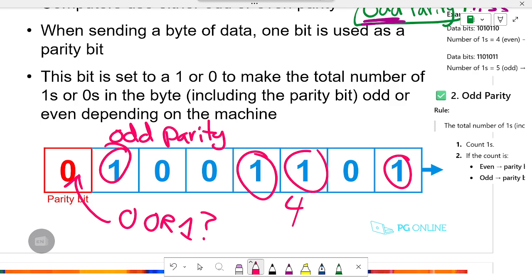Is 4 an odd number? No. I need to add one more bit. Agree or disagree? And that will be equal to 5. And so, should the parity bit be 1 or 0? Carol? Should the parity be a 0 or 1 to make this odd parity?